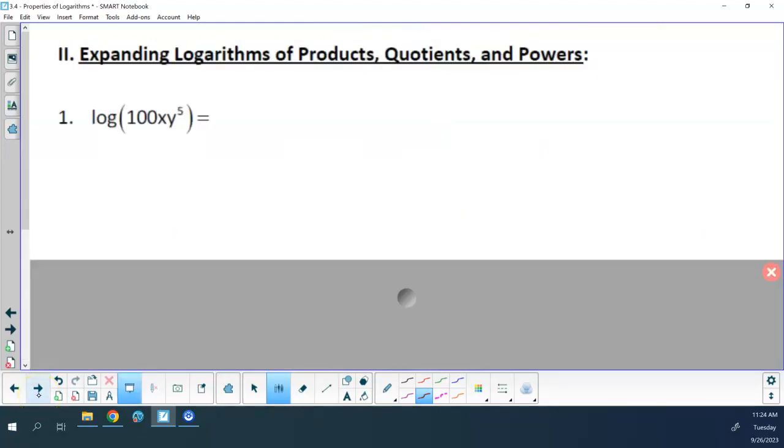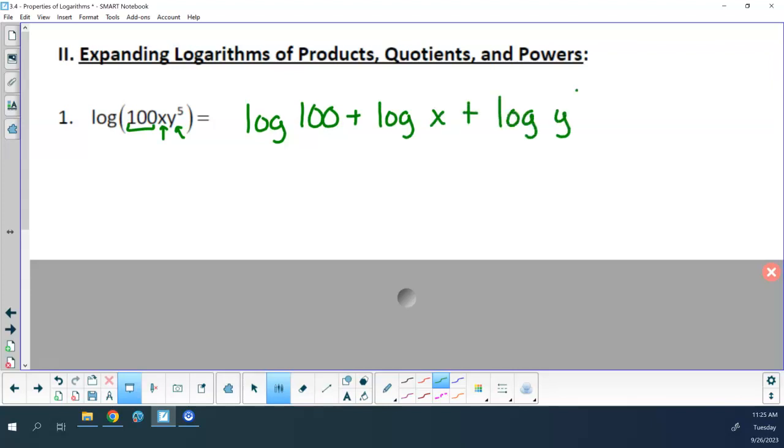So, expanding logs, this is why we do it. We've got three things in here that are being multiplied together. So the first thing I can do is expand this log, and I can say that is going to be log of 100 plus log of x plus log of y to the 5th.